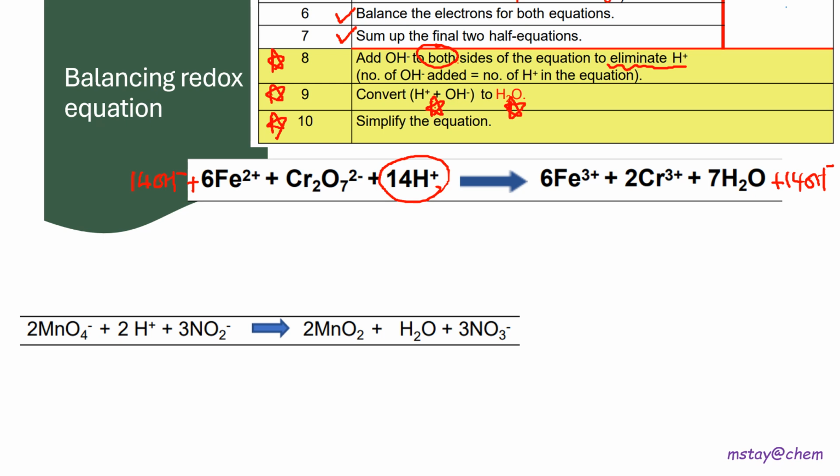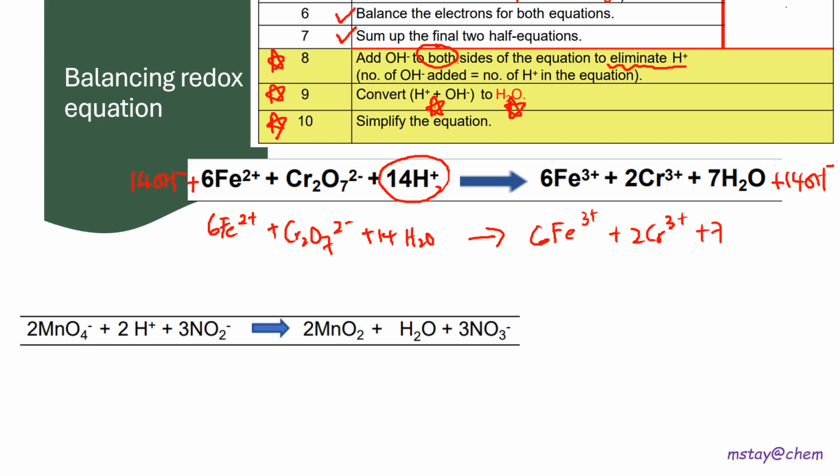Next we are going to combine the H+ and OH- to become H2O. So we will have 6 Fe2+ and one more dichromate ion and also 14 H2O, and produce 6 more of Fe3+, 2 more chromium 3+, 7 H2O and also 14 OH-. Now we go to the last step, which is simplify.